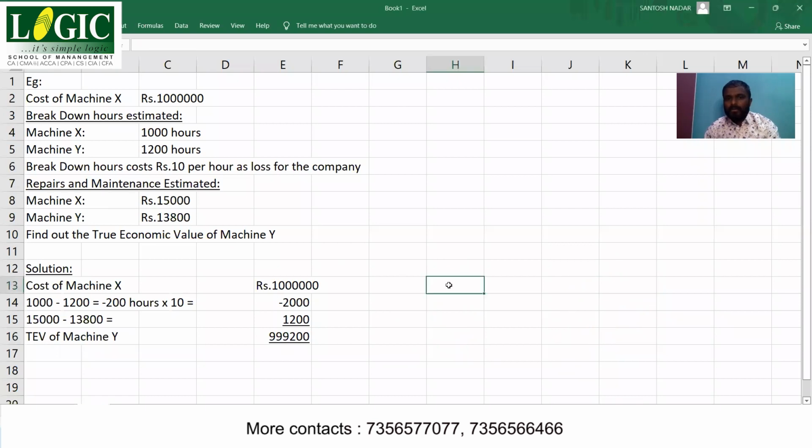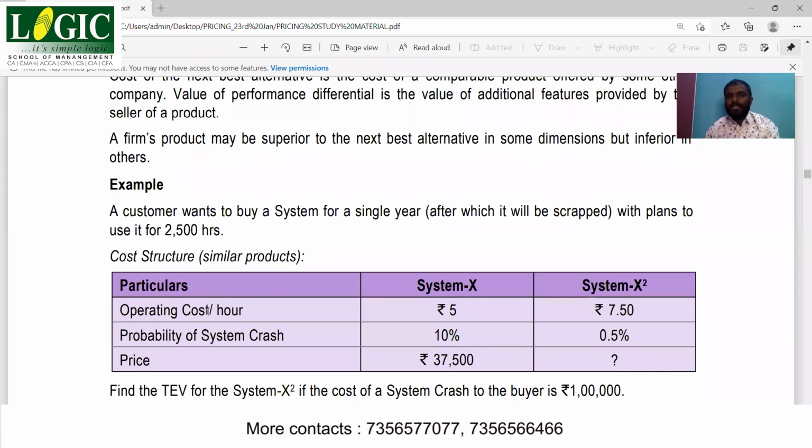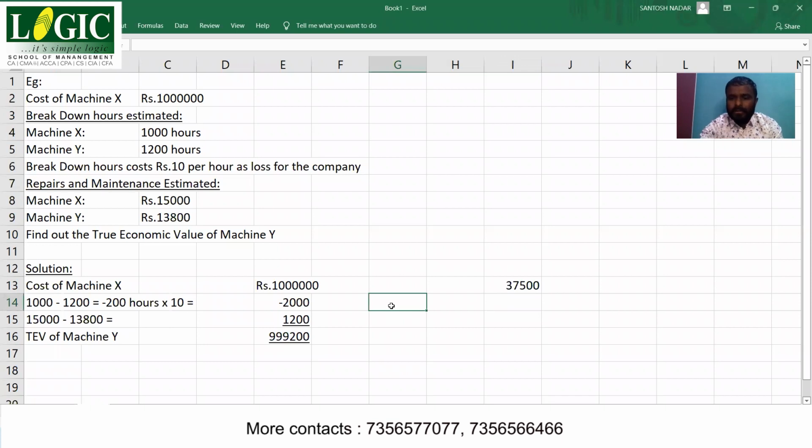The price is 37,500 for X2. The two features they have given: one is operating cost. Operating cost of X is 5, minus, for X2, the operating cost is 7.5. That means if the customer buys my product, he is going to incur 2.5 rupees more per hour, because X operates at 5 rupees per hour and my product at 7.5 rupees per hour.